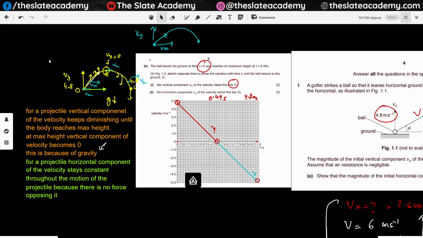Okay. So Vx, we calculated that it was 3.6. Once it initially acquires 3.6 velocity, like shown over here, at time 0 the velocity is 3.6, and then onwards until the end of the motion of the body at 0.98 seconds, this would stay constant at 3.6 like this.